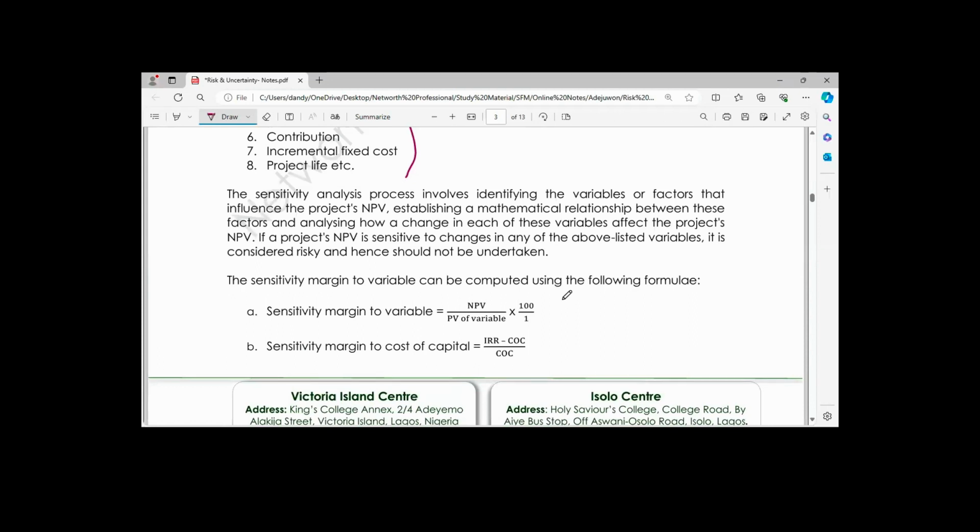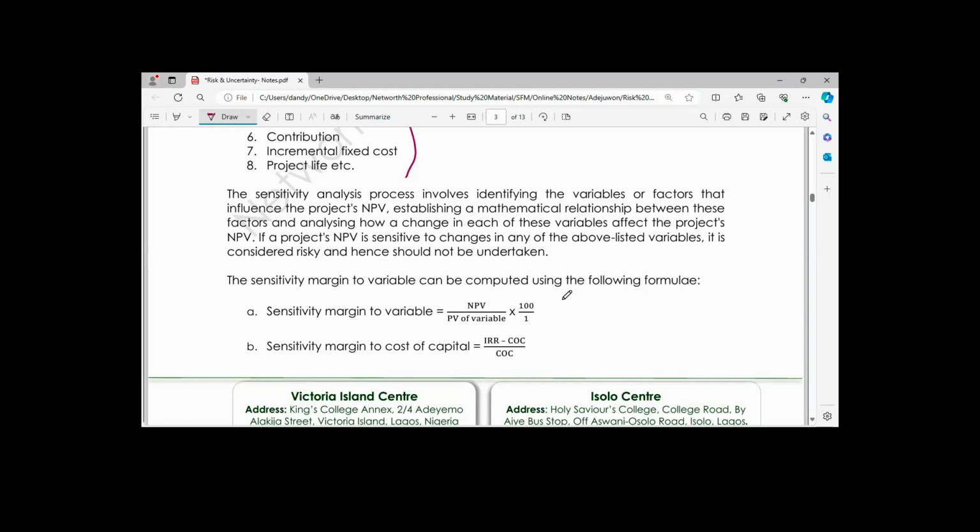There are three different formulas that you can use to calculate sensitivity margin depending on the variable you want to calculate. For all the variables, excluding cost of capital as well as the project life, the sensitivity margin of that variable is calculated as the ratio of NPV to the present value of the variable.